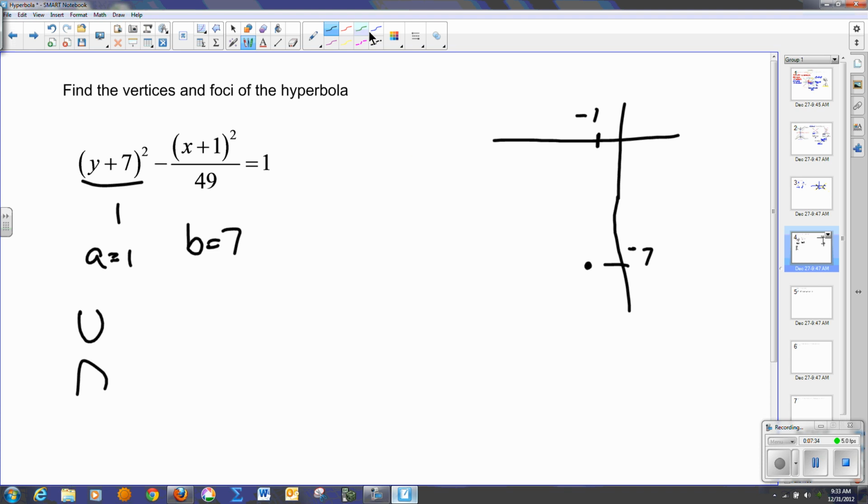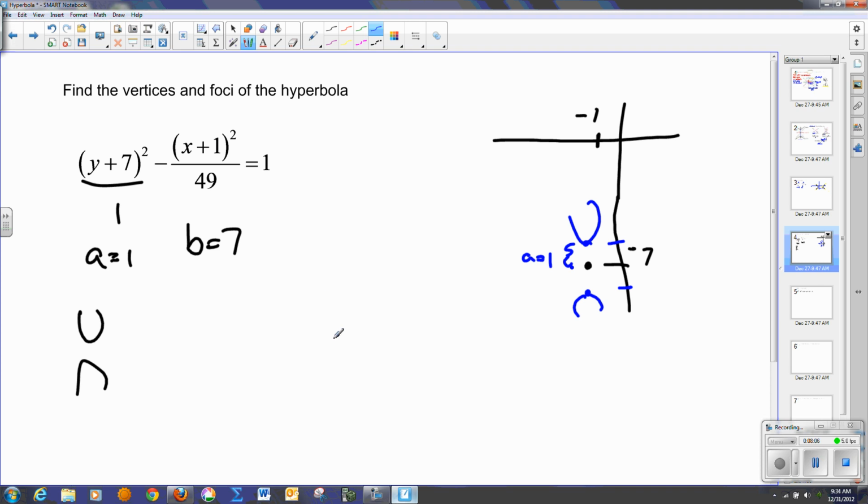From here, I'm going to move, since I'm under the y, up and down 1. And that will get me my vertices. Actually, I don't even need to move over. I know this is my a value, and I'm going to be going up and down this way. I don't have to necessarily graph this, I just have to find the vertices.